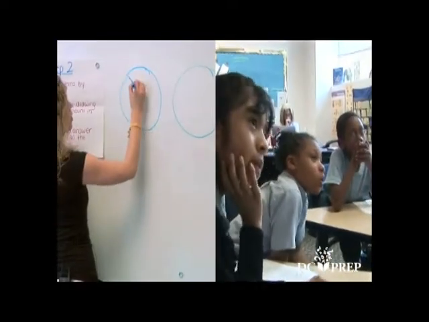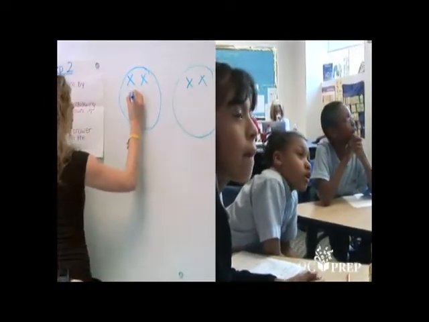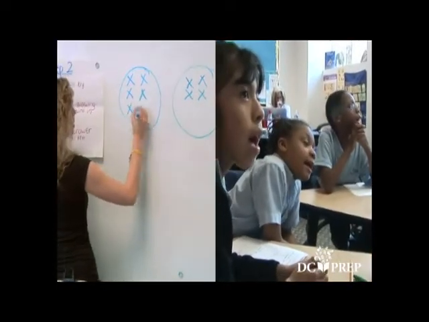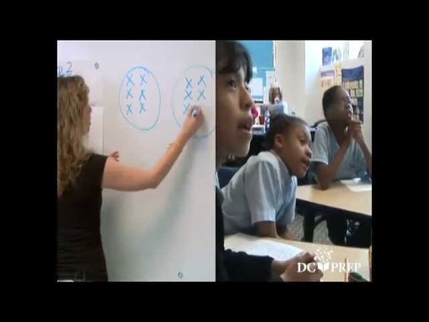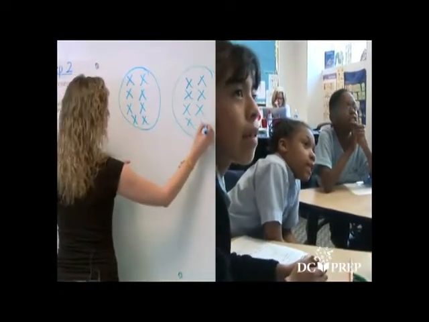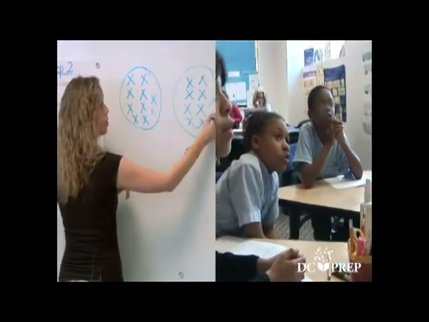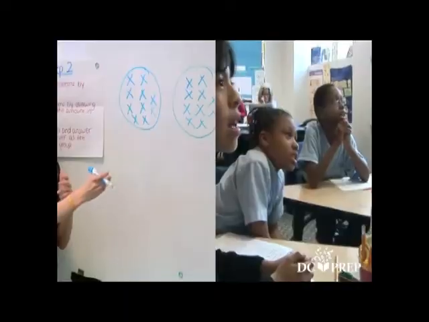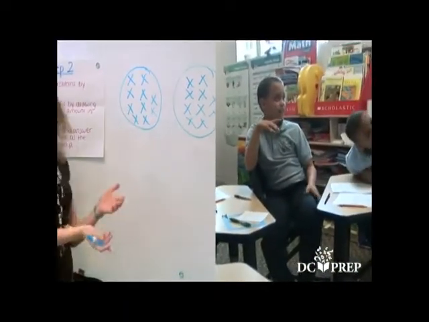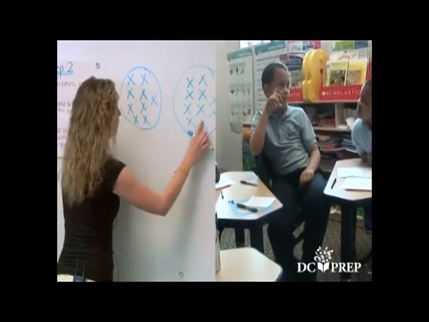Count with me. 1, 2, 3, up to 20. Stop! Why? Because you passed 18. Oh, 18 X's. Oh, whoops. I drew too many.